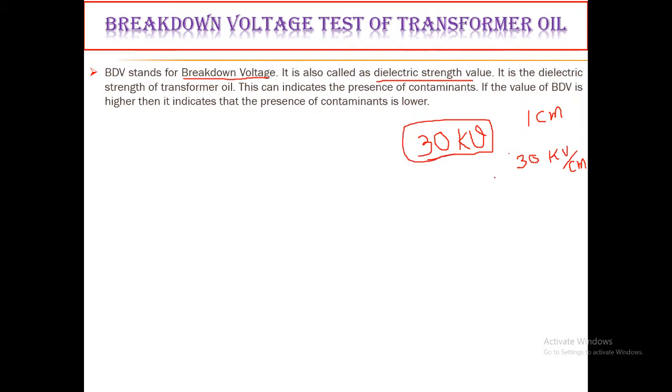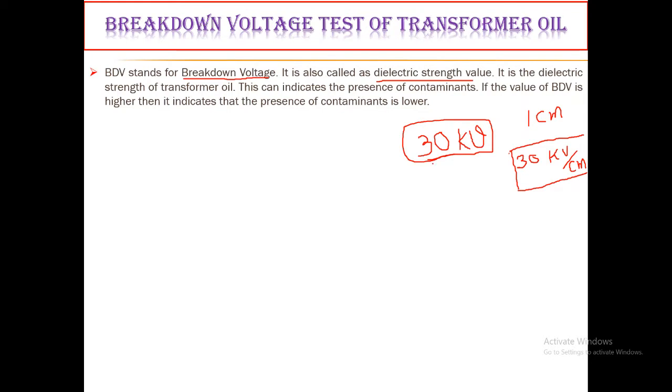If one wants to define the value in terms of dielectric strength, then it must be written in kilovolt per centimeter, kilovolt per millimeter, kilovolt per meter, and so on.